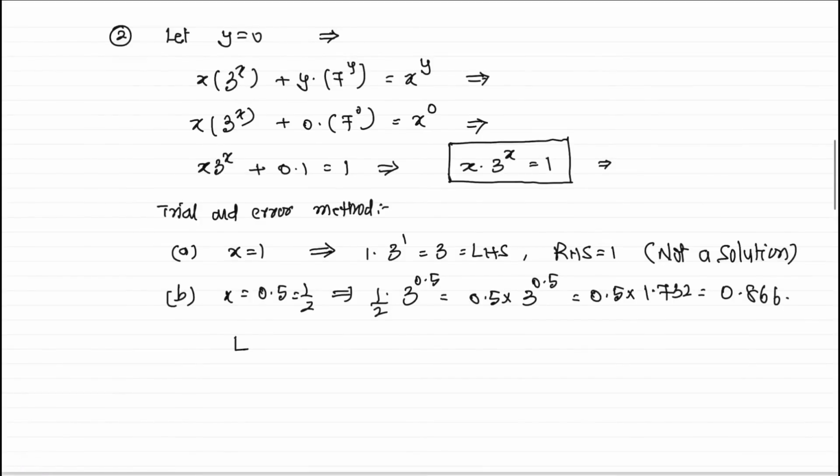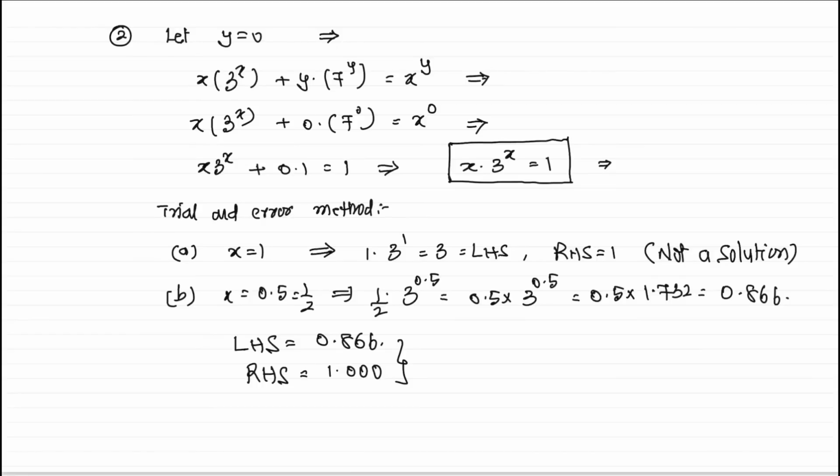Left hand side is equal to 0.866. Right hand side is equal to 1.000. These two answers are approximately close, a close approximation is there.